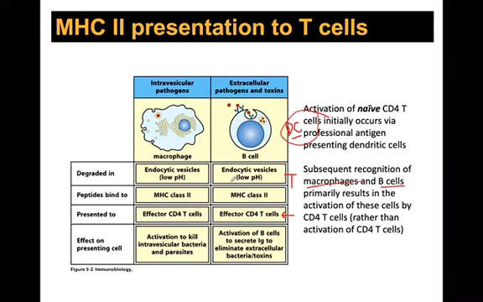So what does it do? Well, if a CD4 cell is going to recognize a macrophage, it wants to enhance the activity of that macrophage. It wants to make it better. And so what it will do is activate the macrophage to kill anything that's inside of it, and it does that primarily through interferon gamma and IL-12.